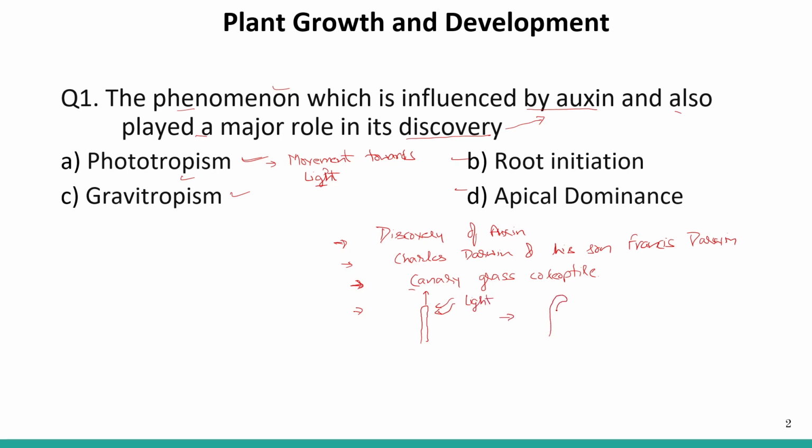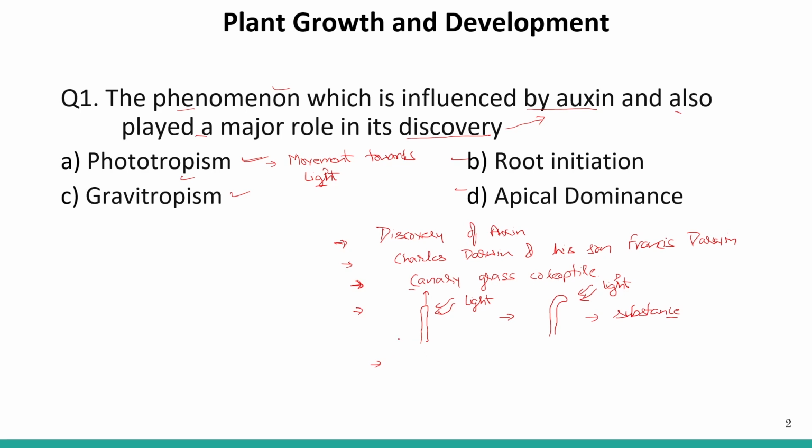Bending of the shoot tip or the coleoptile is observed towards the light. So Charles Darwin and Francis Darwin concluded that there is some substance which is causing this bending. They didn't say it is auxin, but they said there is some substance causing this bending.